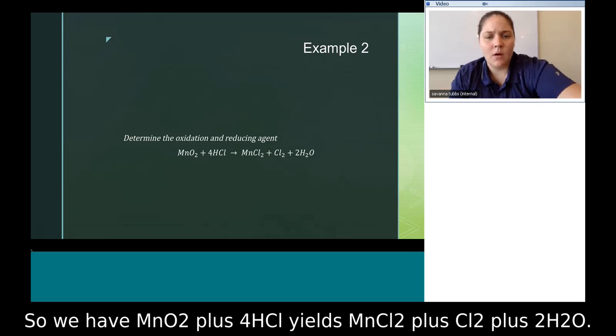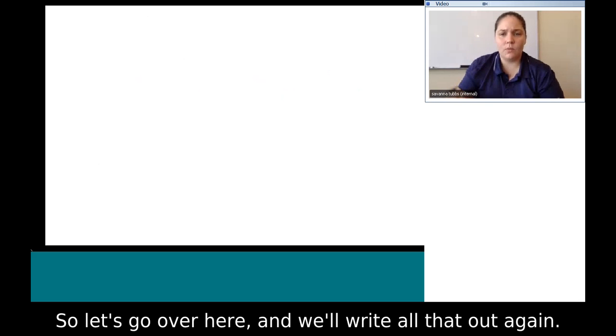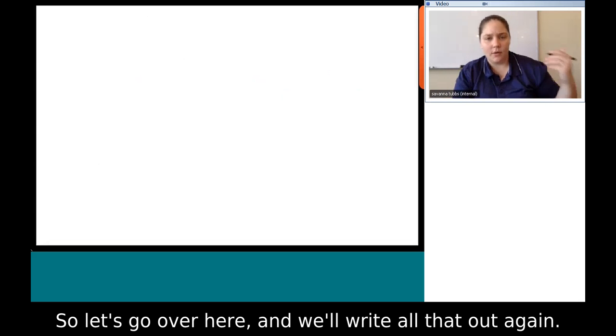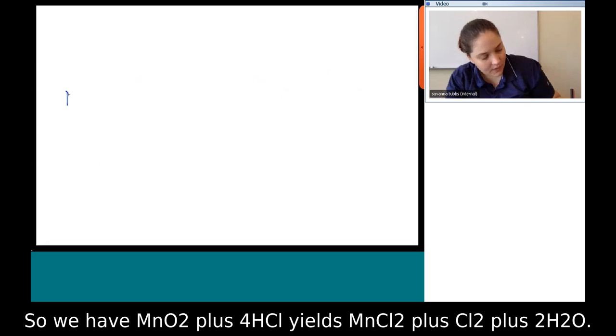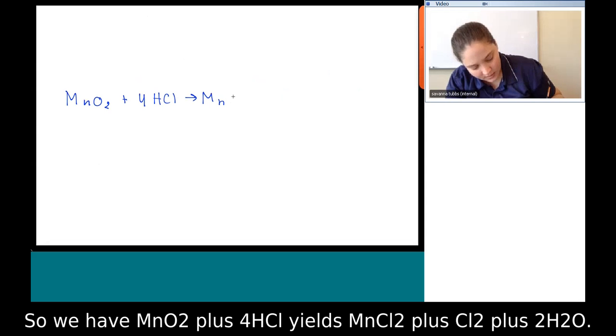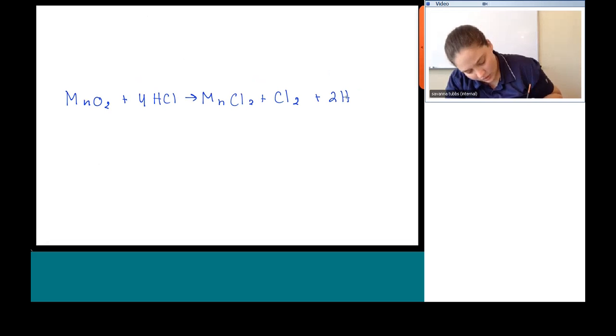So we have MnO2 plus 4HCl yields MnCl2 plus Cl2 plus 2H2O.